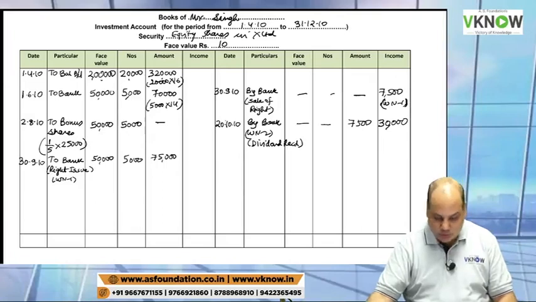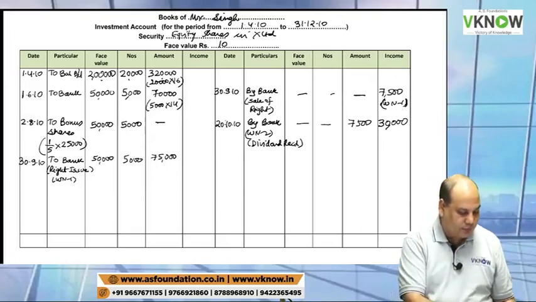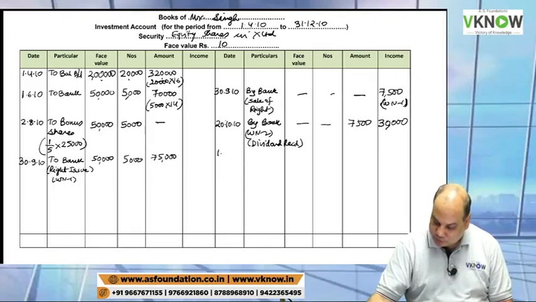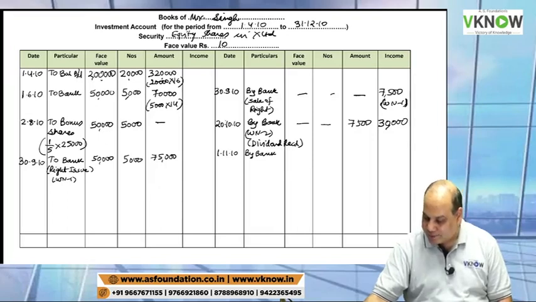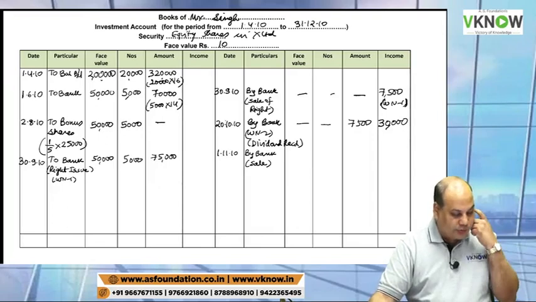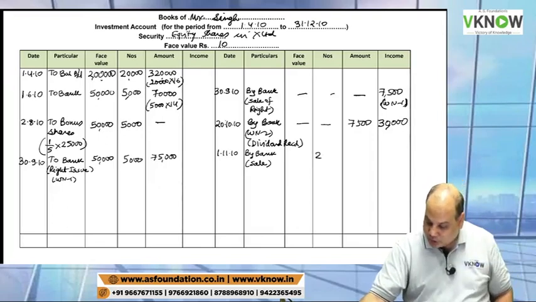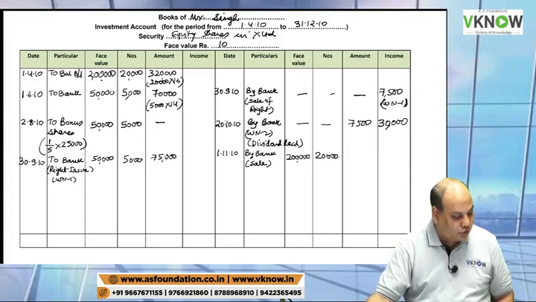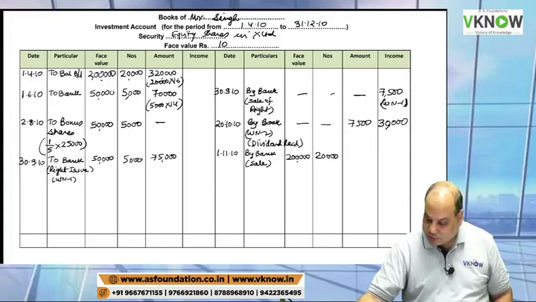Then there is a sale of investment on 1st November 10, by bank. Last two lines of the question: 20,000 shares, face value 2 lakh, sold at a premium of 3.